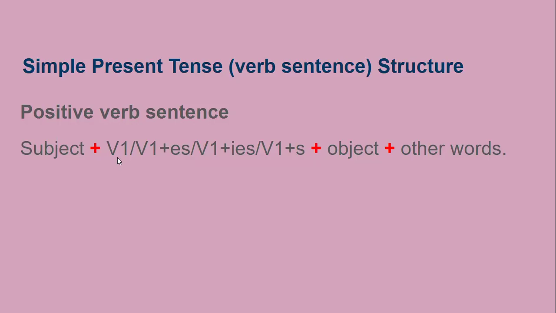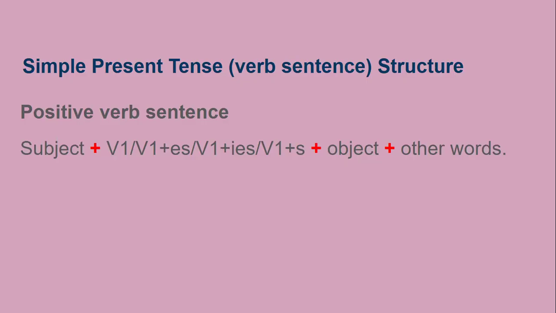Furthermore, I have explained what an object is, and also what other words means. Okay, so please do look at that video. All right, so we now have the structure of the positive verb sentence in the simple present tense.